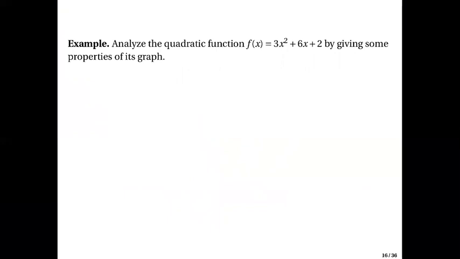Next problem here, analyze the quadratic function f of x equals 3x squared plus 6x plus 2 by giving some properties of its graph. So just like in the previous example, we start with a, which is equal to positive 3.